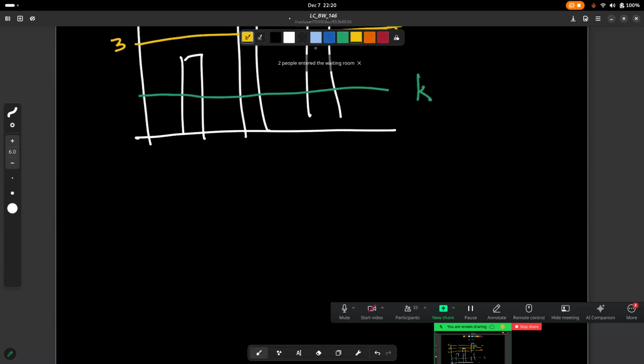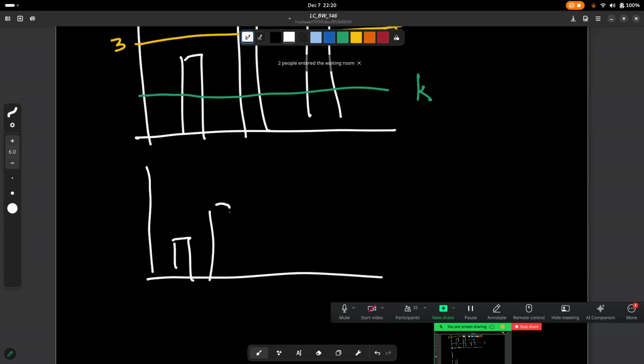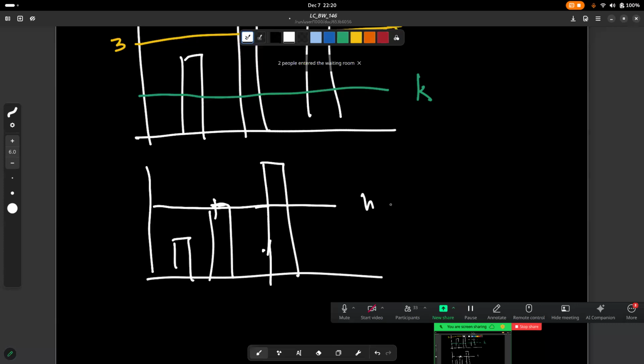So what our process would look like, if you just visualize what we are doing over here, is we have these columns and we take the tallest column and the second tallest column, set the value of h equal to the second tallest column, and bring the tallest one down to this height.